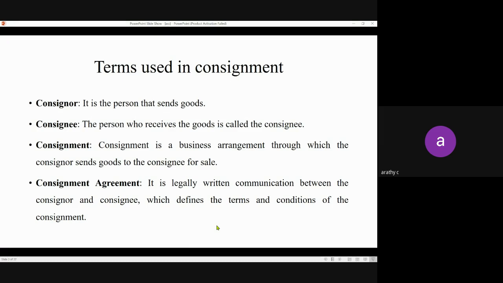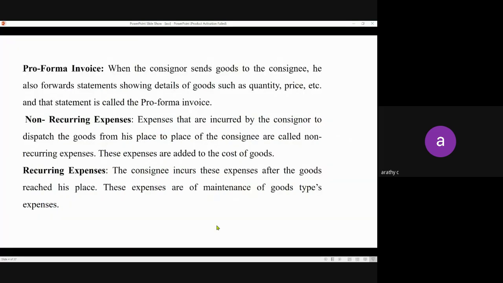It is a legal written agreement between the consigner and consignee. It includes the terms and conditions of the consignment and also the commission of the consignee.